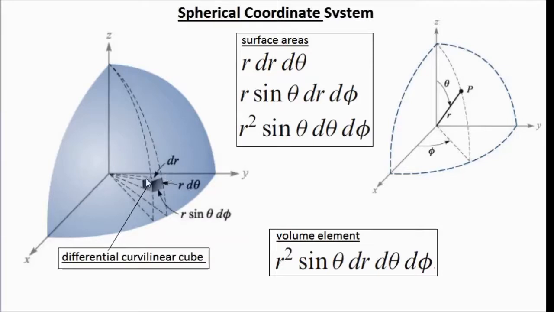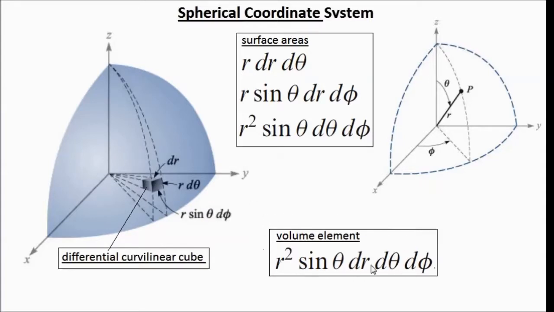Its area is the product of the two sides, r d theta and dr, which is r dr d theta. Likewise, if I multiply r d theta and r sin theta d phi, I have r squared sin theta d theta d phi, which is the area of the front face, and equivalently the back face, which is not visible.